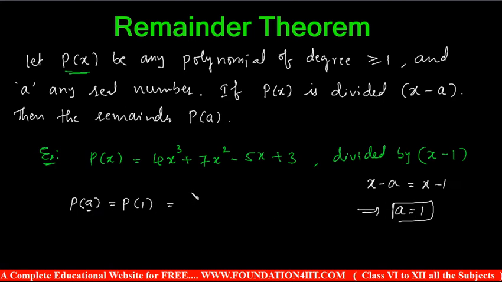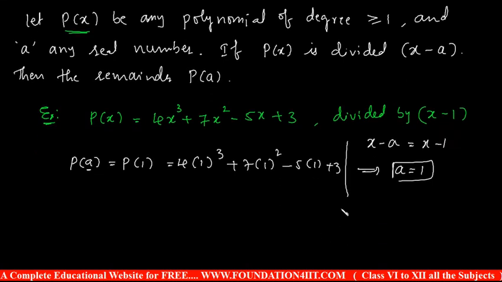So P of 1 is 4 into 1 cube plus 7 into 1 square minus 5 into 1 plus 3. Let us do the calculation. 1 cube is 1, plus 7 minus 5 plus 3. 7 plus 3 is 10, 14. 14 minus 5 is 9.